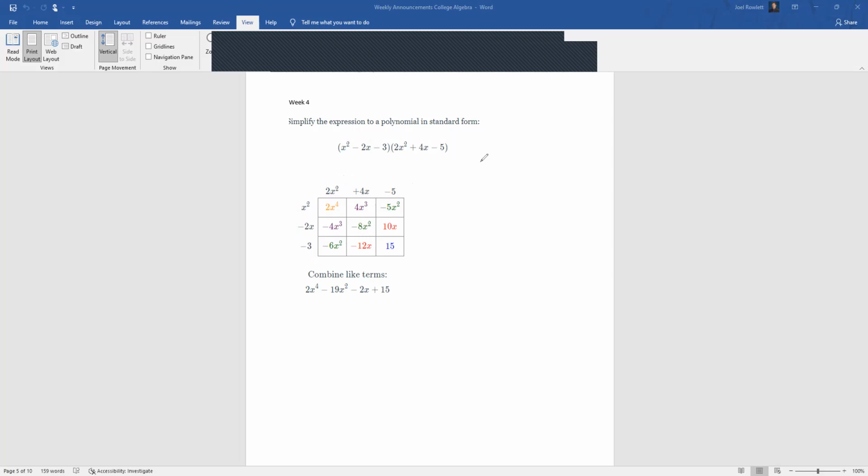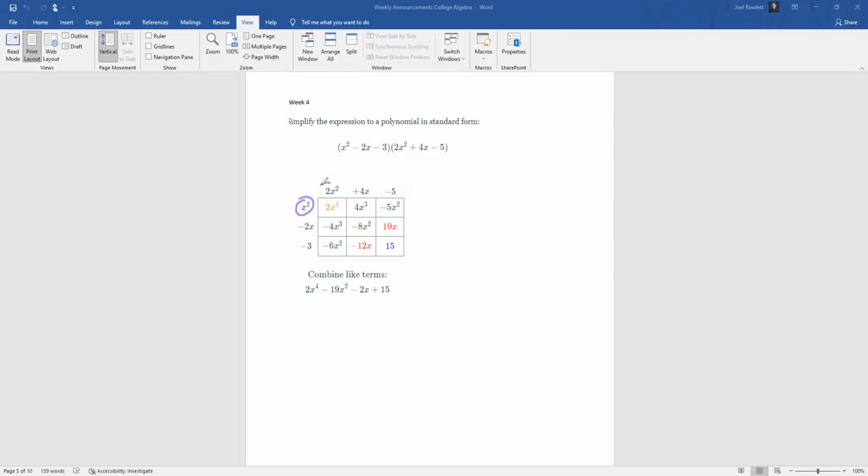And at this point, all we do is we just multiply each row and column, and we place the entry in the appropriate box. For example, if we start with the x squared, if I take x squared and multiply by 2x squared, remember when we are multiplying, we add the exponents together. And so x to the power of 2 times x to the power of 2 is x to the power of 4. Of course, there's an understood 1 here in front of the x squared.